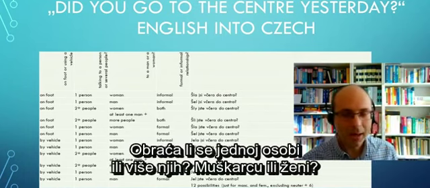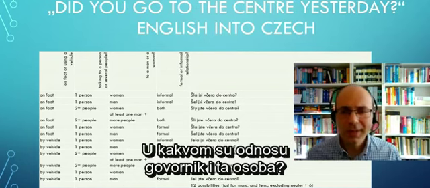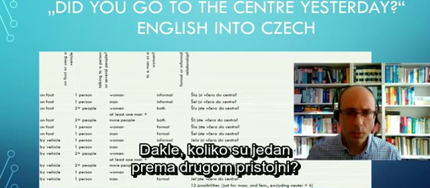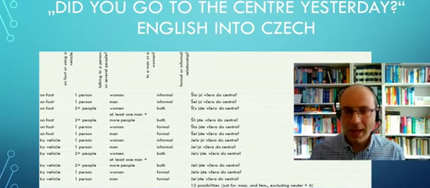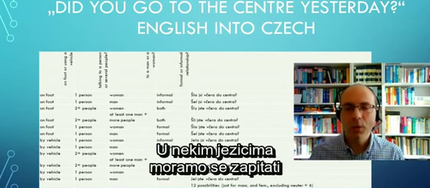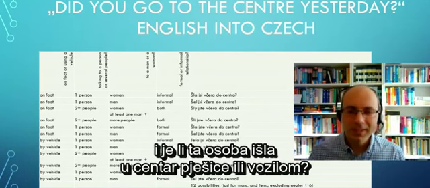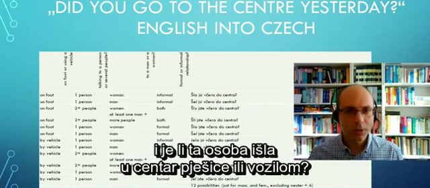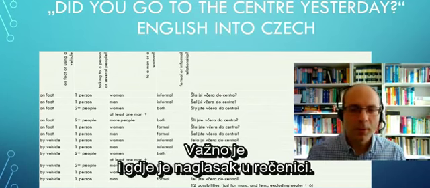Is it a man or a woman? What's the relationship between the speaker and the other person? In other words, what should be the level of politeness? And in some languages, we also have to ask: did the person walk to the center, or did he or she use a vehicle? Also, the stress in the sentence plays a role.